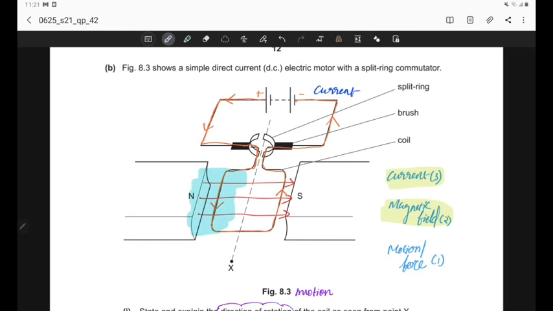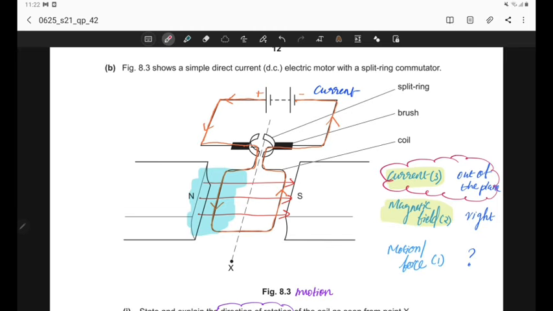Now we can concentrate on this side of the coil. Here the direction of current is out of the plane, whereas the magnetic field direction is towards right. So what will be the direction of the motion? We can again keep our left hand mutually perpendicular to each other as shown in the previous part, and we can use Fleming's left hand rule. So first point the third finger out of the plane, or pointing towards your own face.